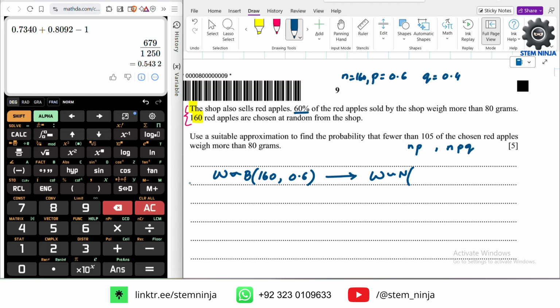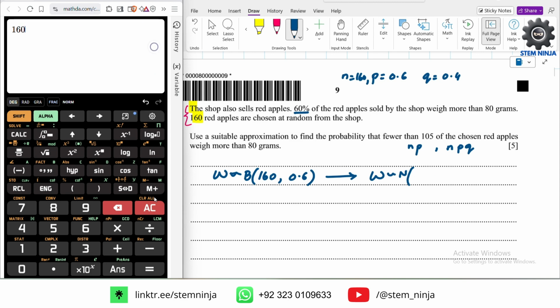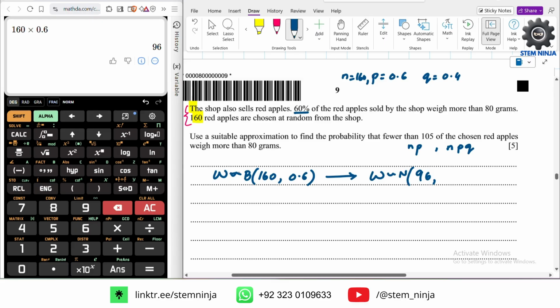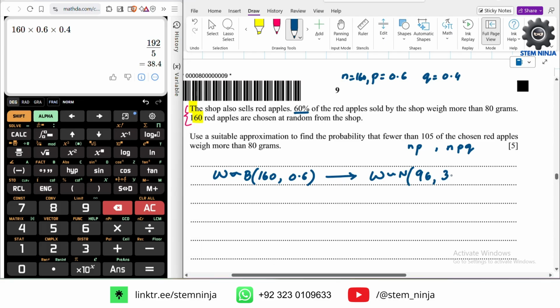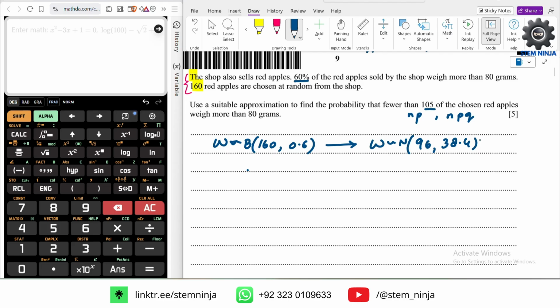So np is 160 times 0.6, that is 96, and npq, that is your variance, so that is 38.4.